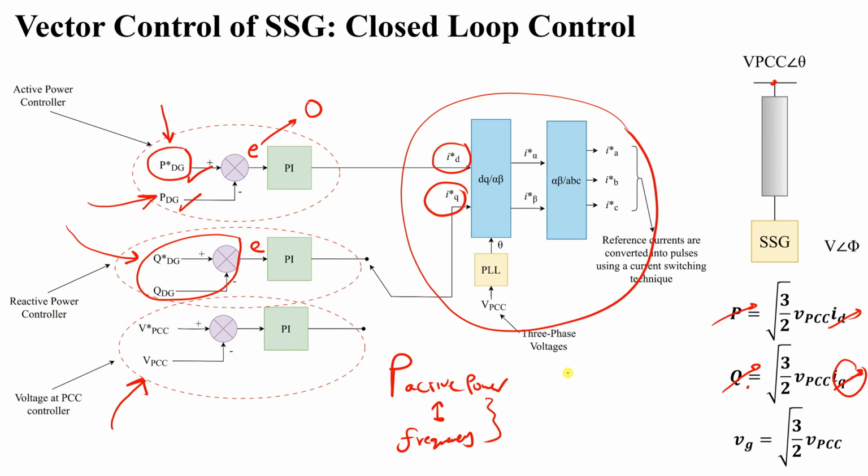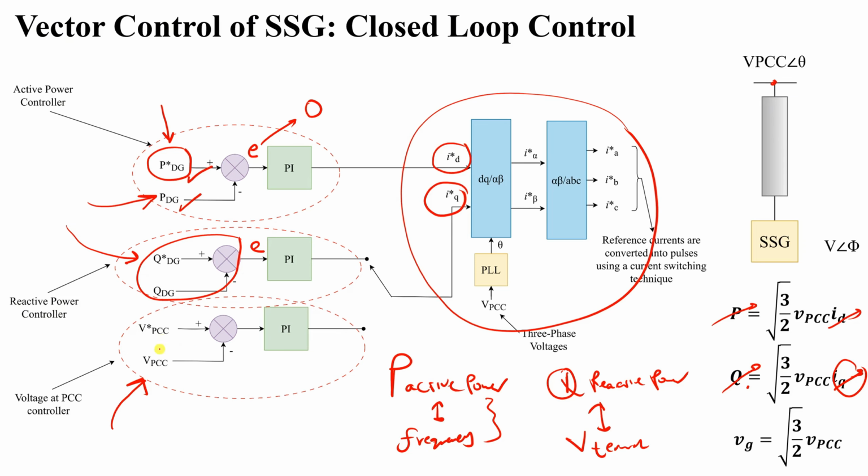Similarly, for reactive power, Q or reactive power and V terminal, the terminal voltage, are also related to each other. So for example, by controlling Q, we will be able to control the voltage here, right? Voltage at PCC. By changing how much reactive power is injected, we can change the terminal voltage, right? That's why we can replace Q by VPCC.